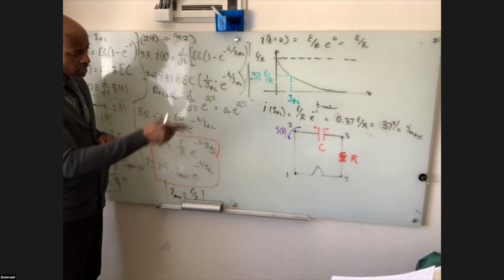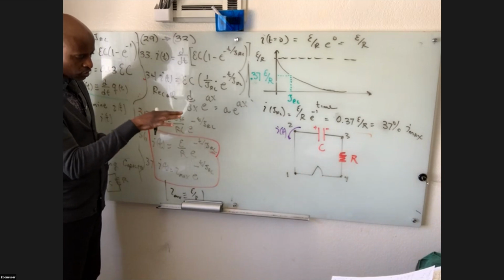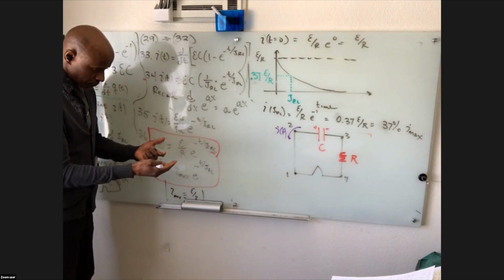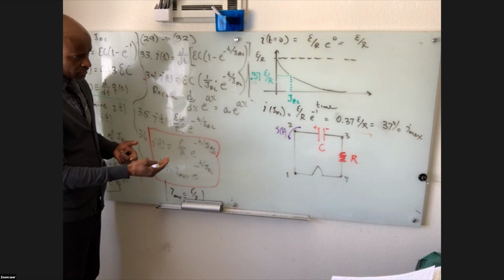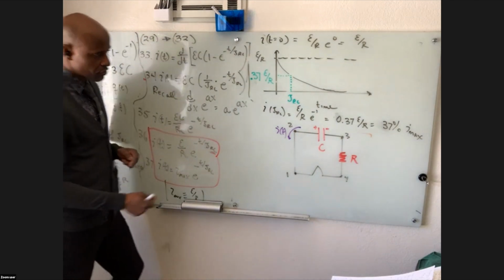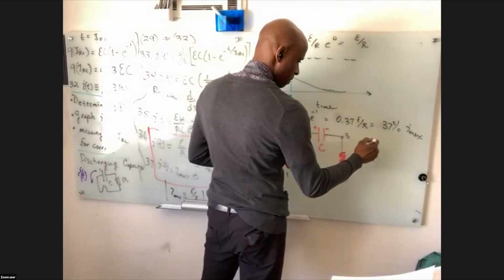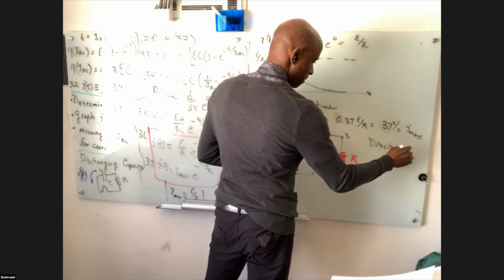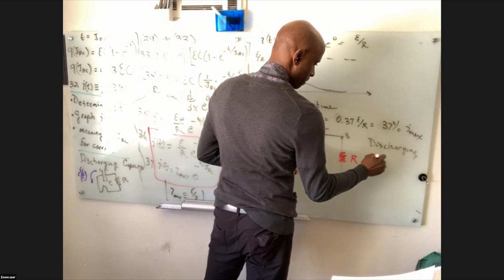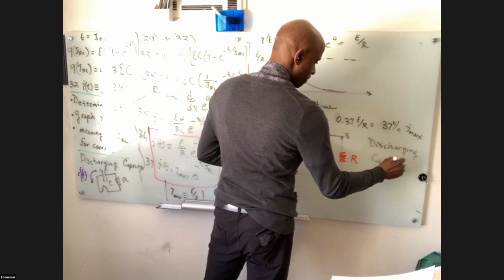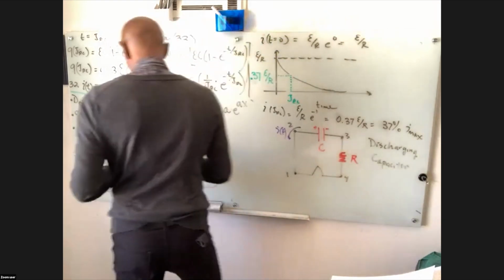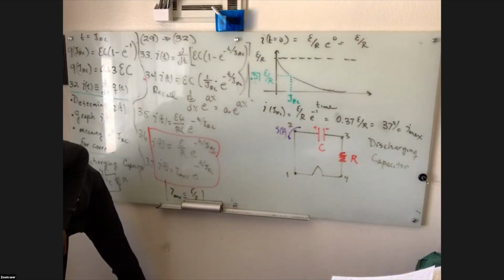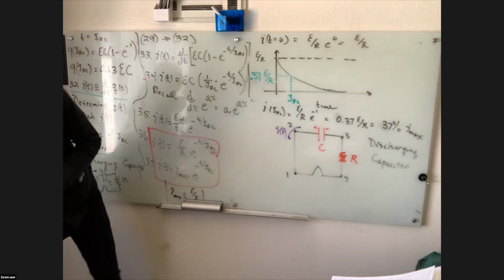Apply Kirchhoff's loop rule and tell me what equation results for this discharging capacitive circuit. It's the same thing that Monica did when we started the last problem, the very first step.